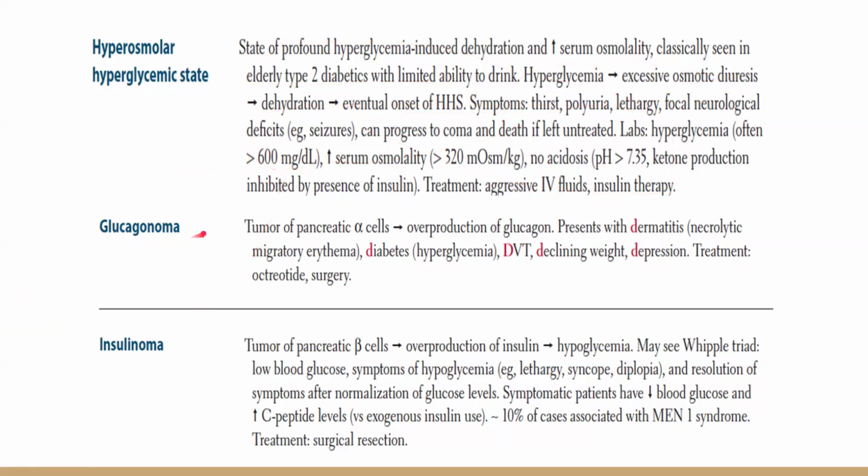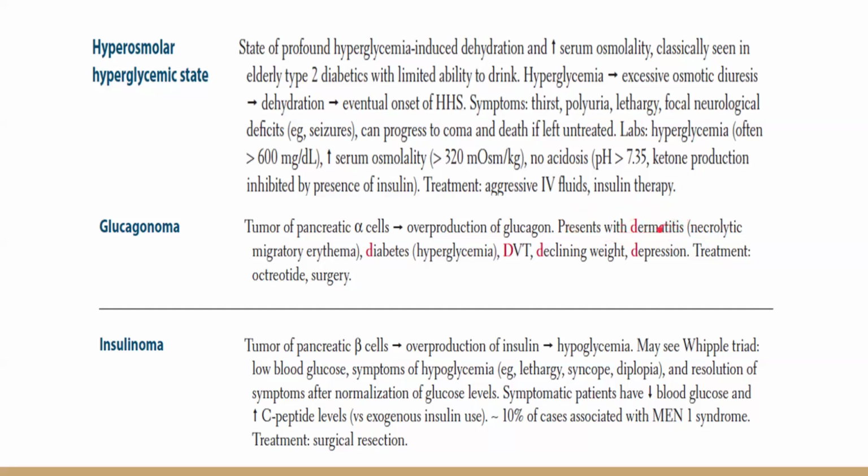Glucagonoma, okay? You'll learn later on that -oma is usually supposed to be for benign tumors, okay? So a tumor of pancreatic alpha cells, because it's glucagon, overproduction of glucagon presents with necrolytic migratory dermatitis. Why did they give such difficult names? Okay, dermatitis is basically inflammation, and derma is related to skin, okay.